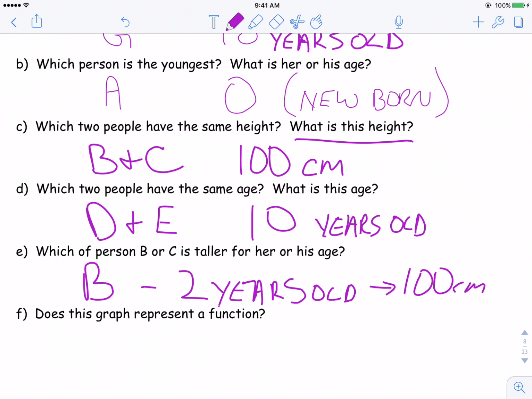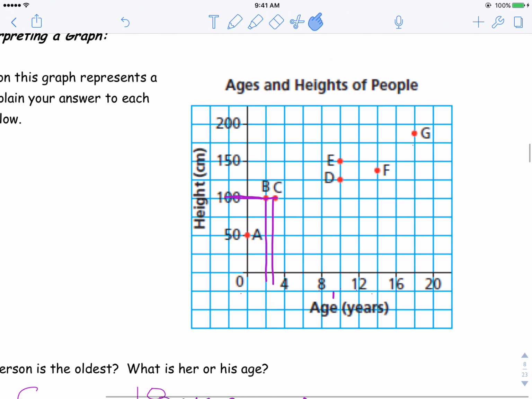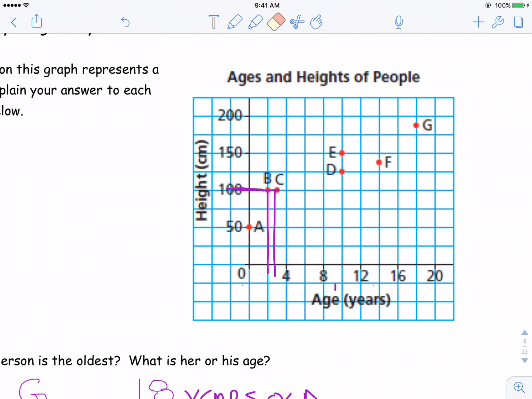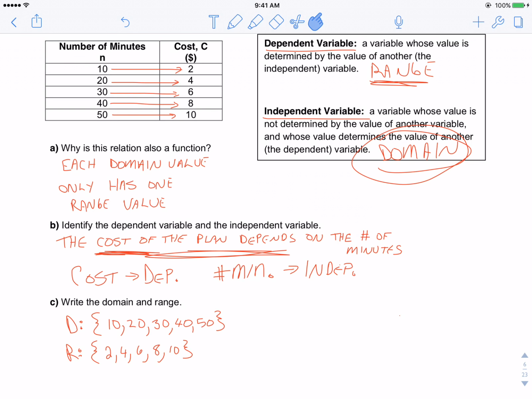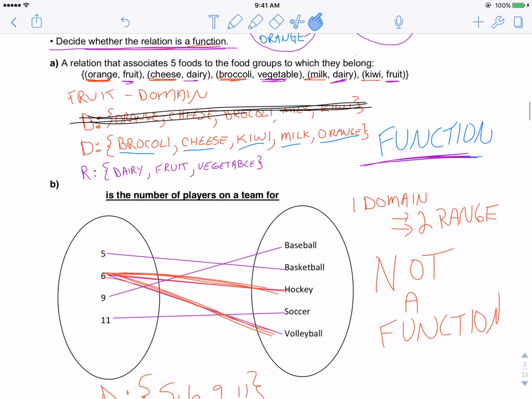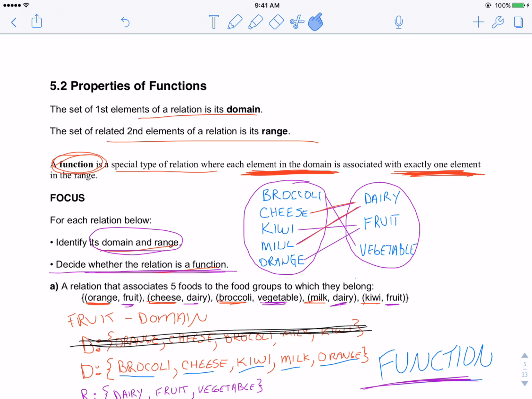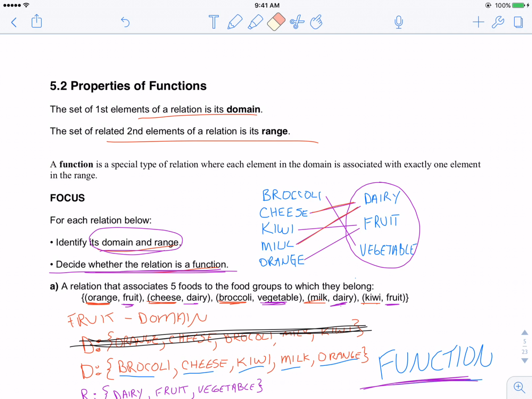Question F. Does this graph represent a function? So remember, for a function, we had said that our definition was, let's look back just to make sure, where's our function definition? A function is a special type of relation in which one element in the domain is associated with one element in the range.